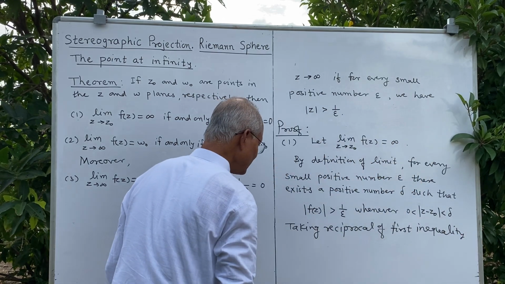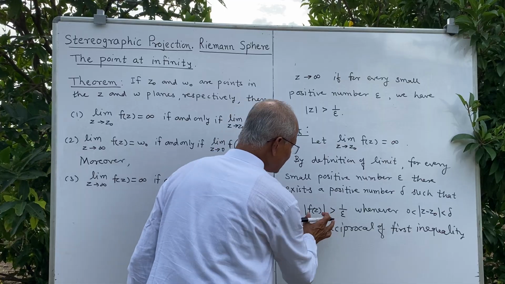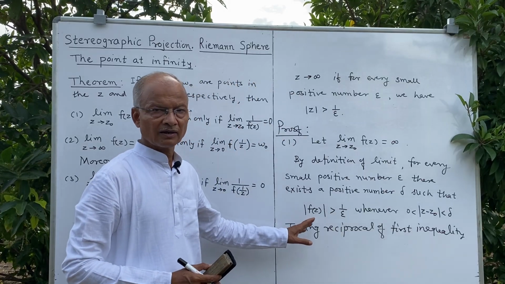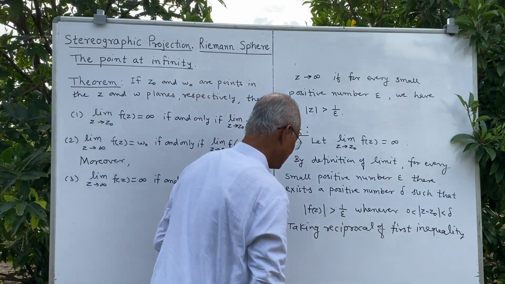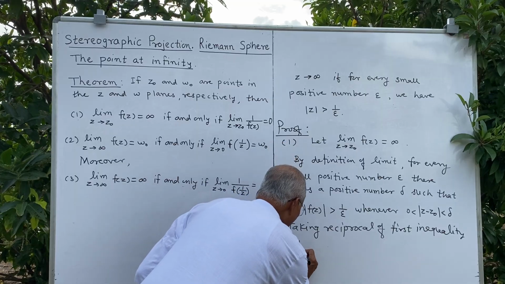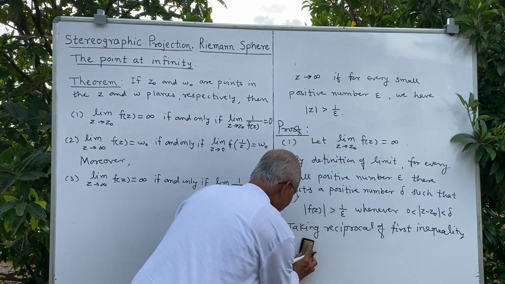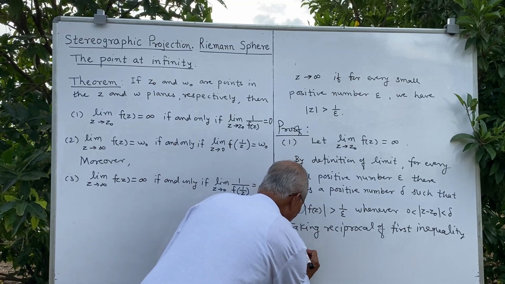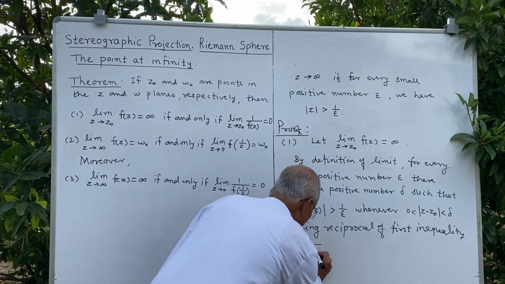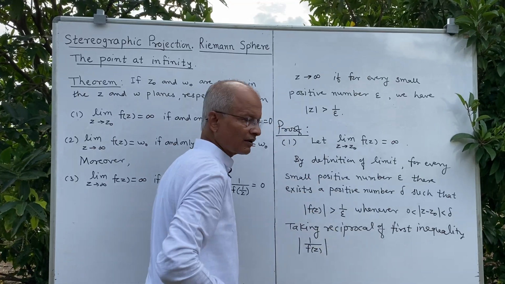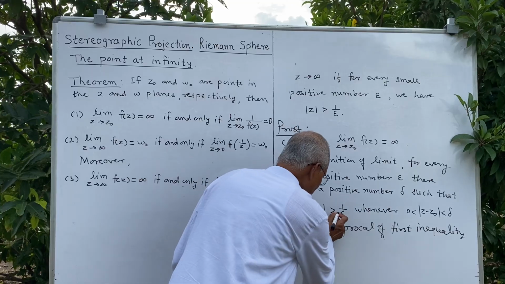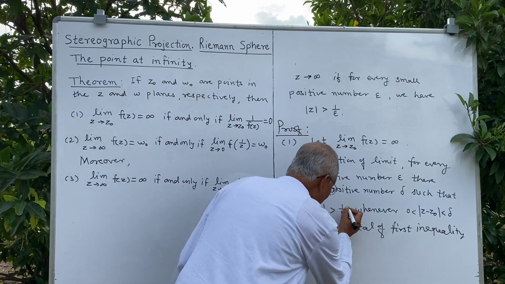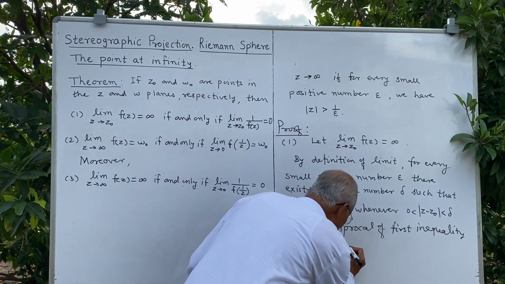If you take the reciprocal, the inequality reverses, and we have mod of 1 upon f of z, that is the reciprocal of mod f of z. Greater than becomes less than, and the reciprocal of 1 upon epsilon is epsilon.